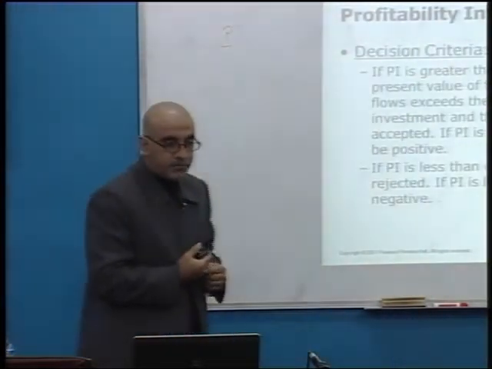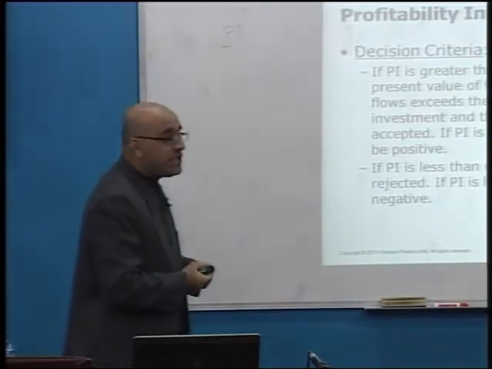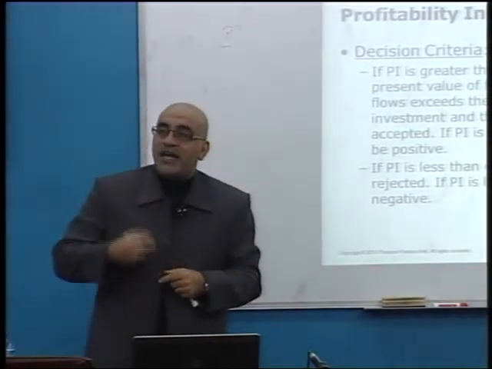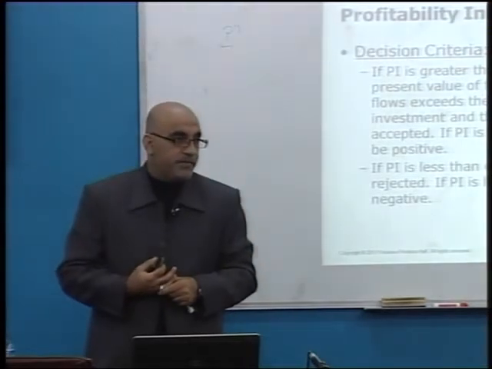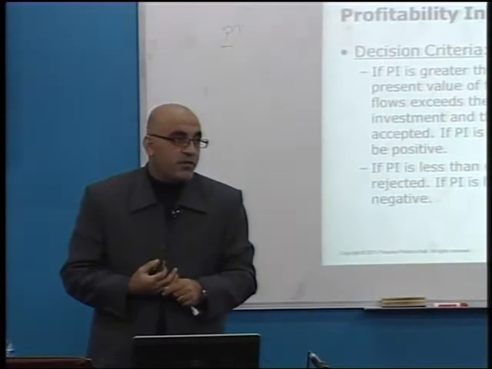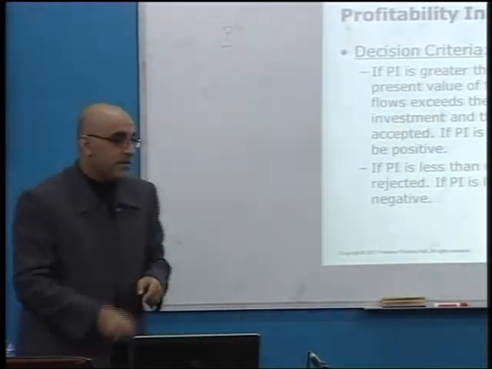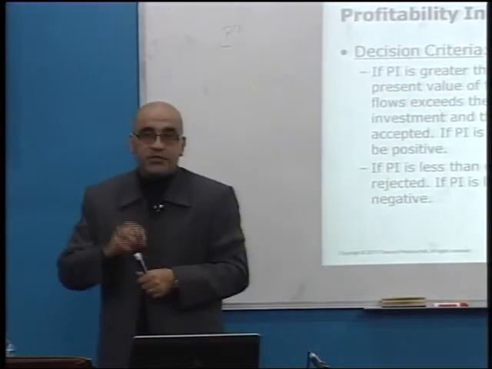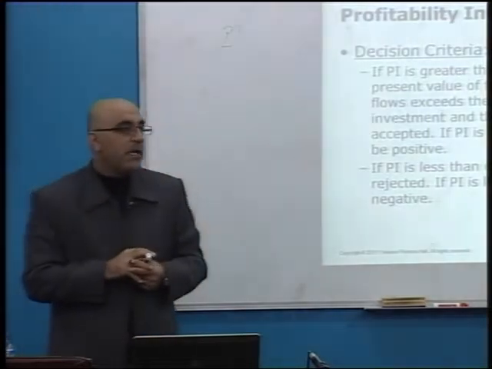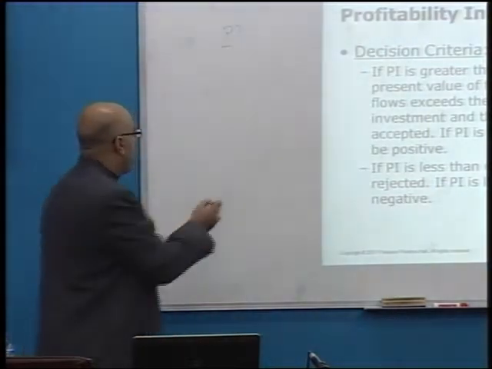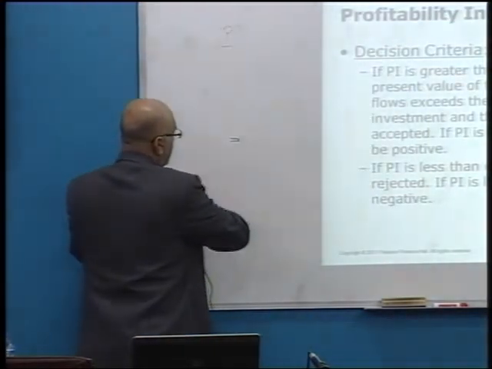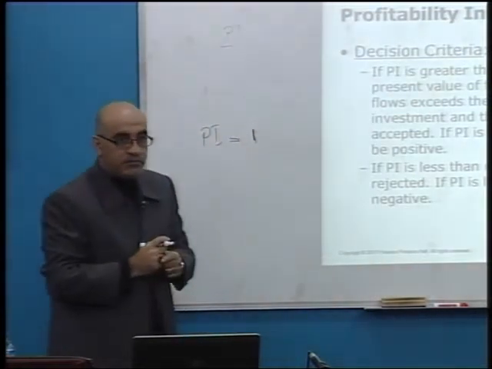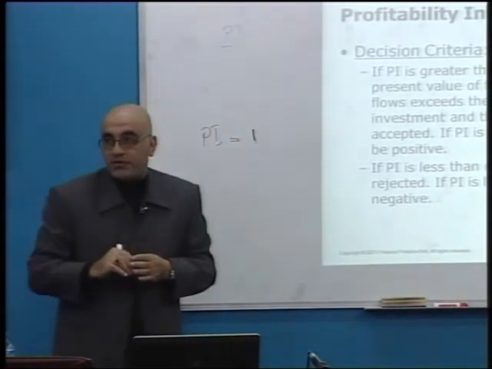And the decision for the PI: the project with the higher PI is acceptable, and the project with the lower PI is not acceptable. The threshold of our decision is a PI equal to 1, which means we are on the edge.